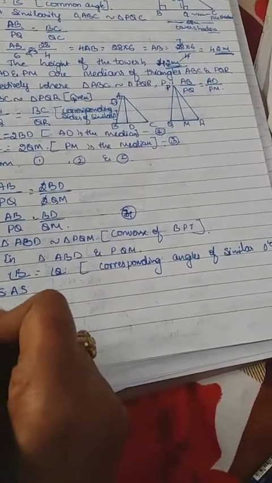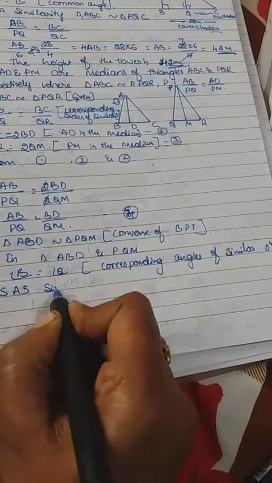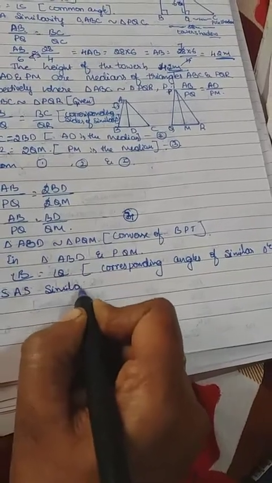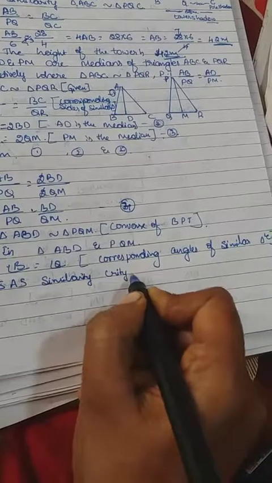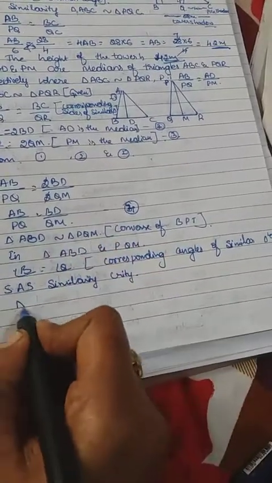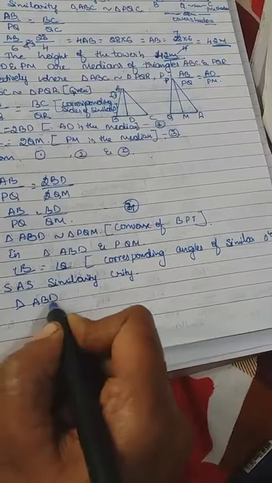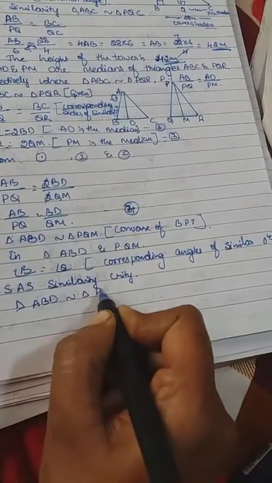By SAS similarity criteria, we can prove that triangle ABD is similar to triangle PQM.